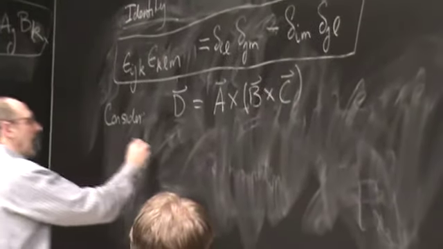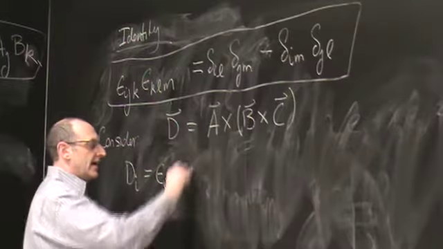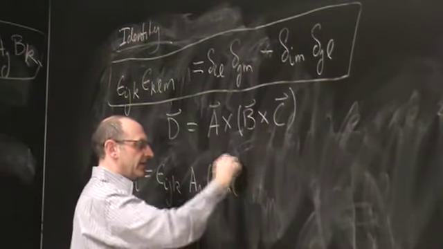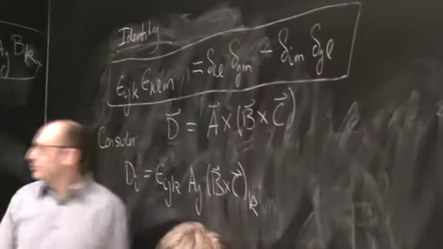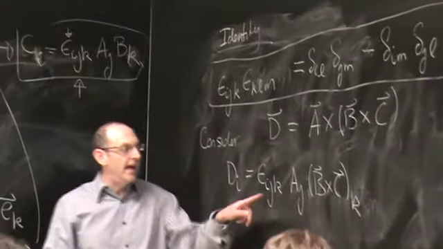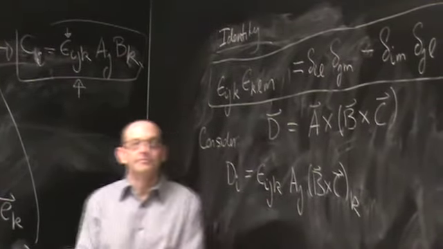Well, what do we have? I have epsilon ijk a_j times the kth component of this vector, because that's what we just said is how I got the cross product. I take epsilon ijk, first thing, second thing.